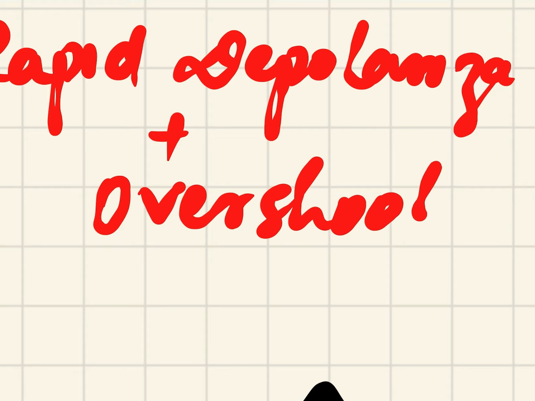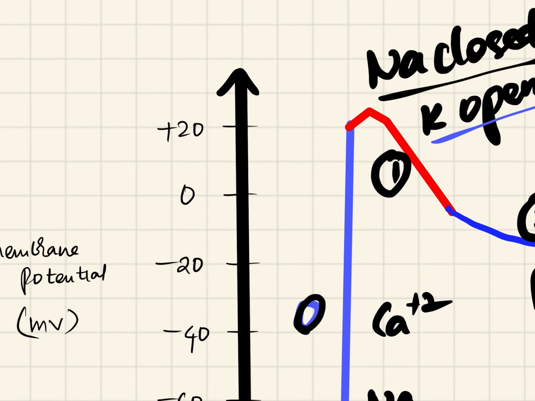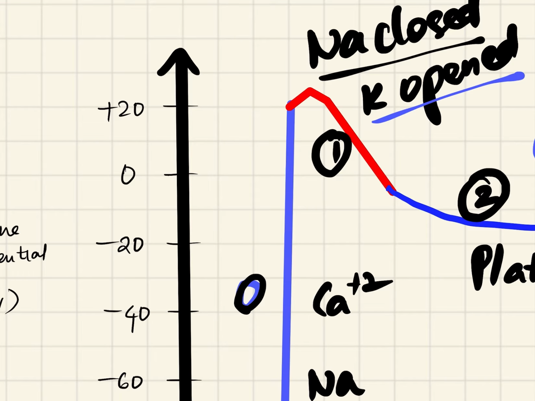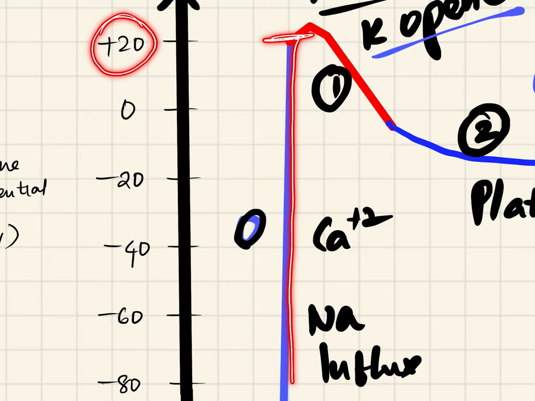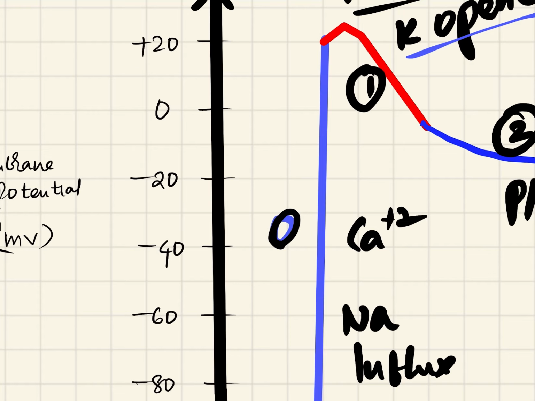So phase 0 is characterized by rapid depolarization with an overshoot, and the amplitude of the potential will reach the level of plus 20 to plus 30 millivolts.